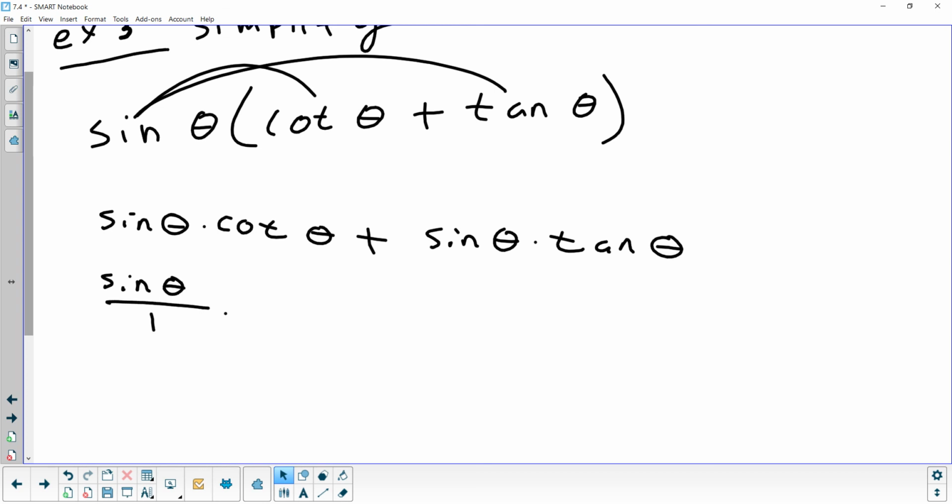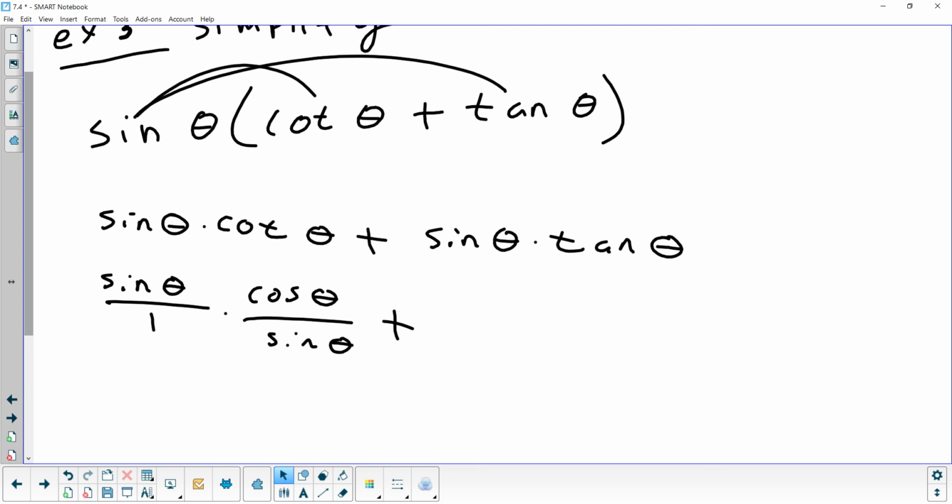Okay. What is cotangent? Michael? 1 over tangent. It is 1 over tangent, but that wouldn't be changing it to sines and cosines. Not saying that's not going to help us sometimes, it might, but not in this one. Yep, cosine over sine. Plus, be very careful with that plus.